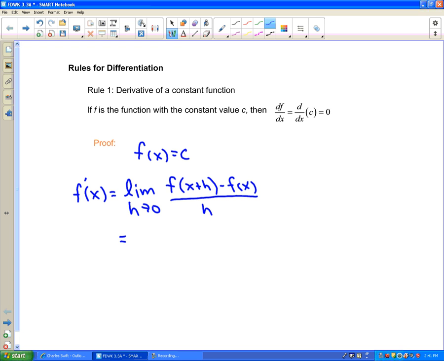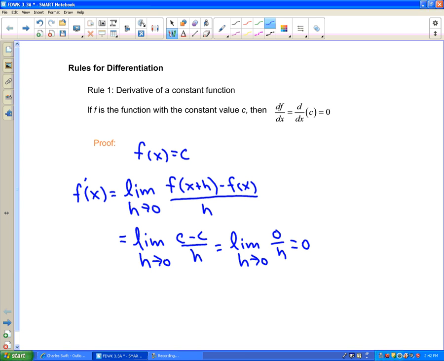Now, since f of x plus h, no matter what we place in, we get c, we're going to be looking at the limit as h approaches 0 of c minus c over h, which would be the limit as h approaches 0 of 0 over h, and that limit is 0.